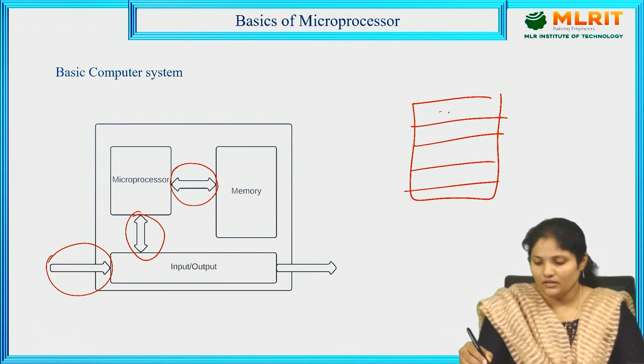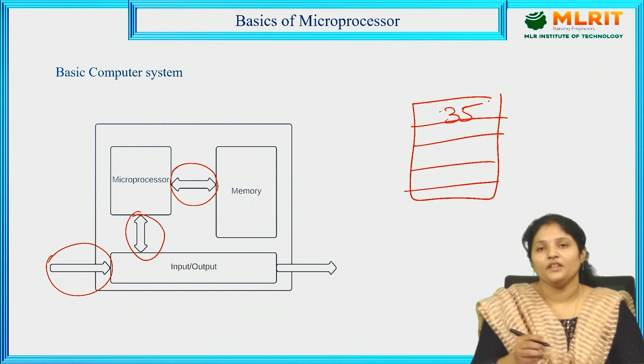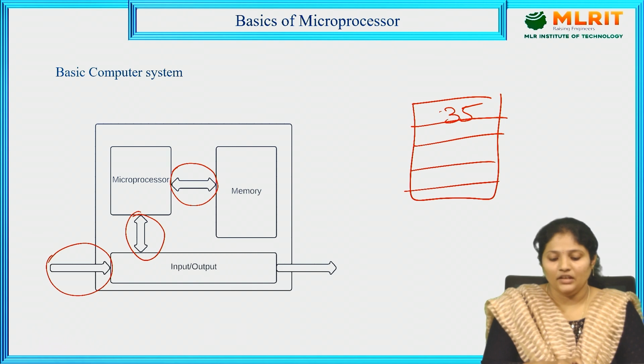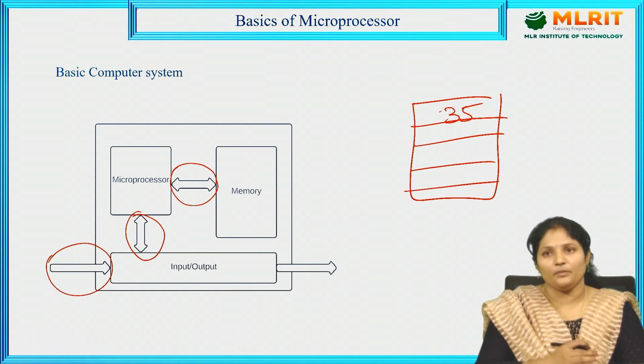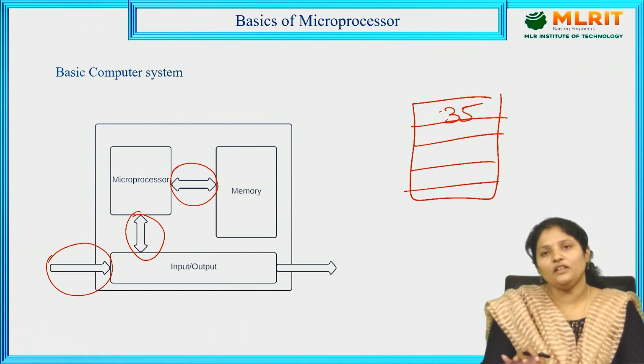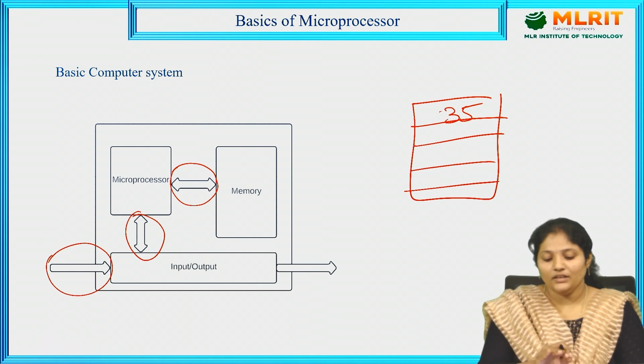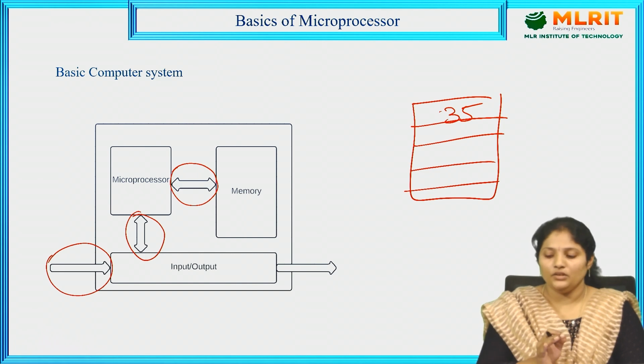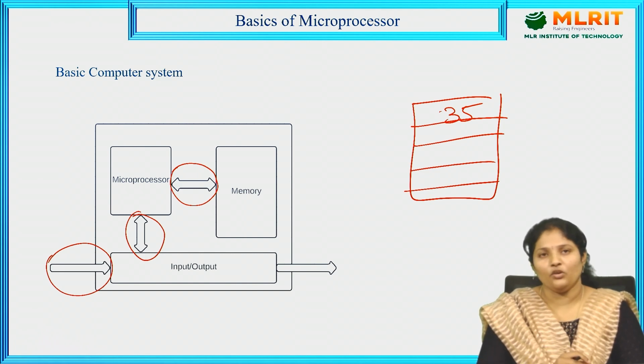Like here, 35. I need to fetch the data 35. So the microprocessor needs to fetch the data 35 from the memory. How will it fetch? It needs one unique address to find the data in the memory, because memory has many memory locations.